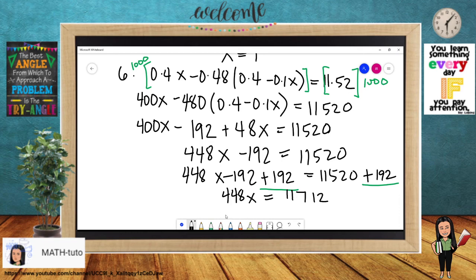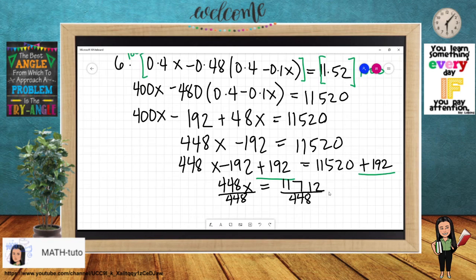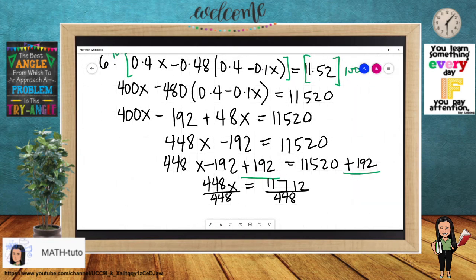Okay. Ayan, tama naman. We divide both sides by 448. Taas ko lang ng konti para magkasya. Okay. So, our answer is x is equal to 183 over 7. Hindi whole number yung answer dito.